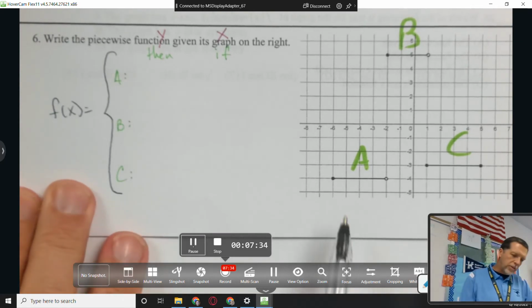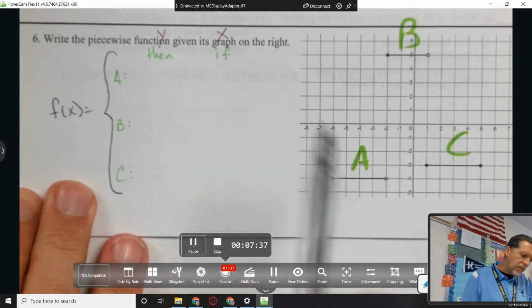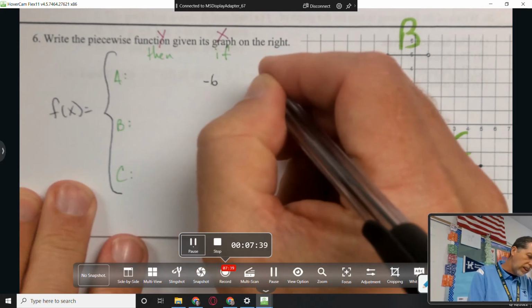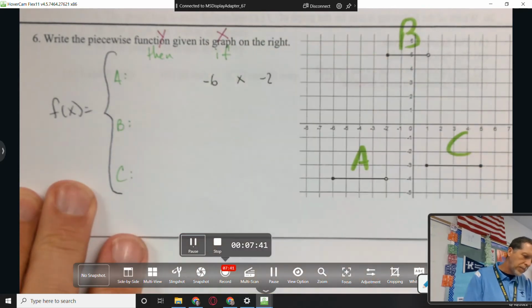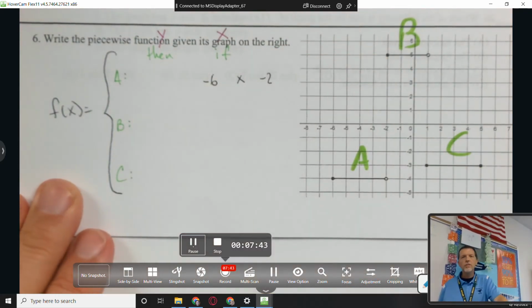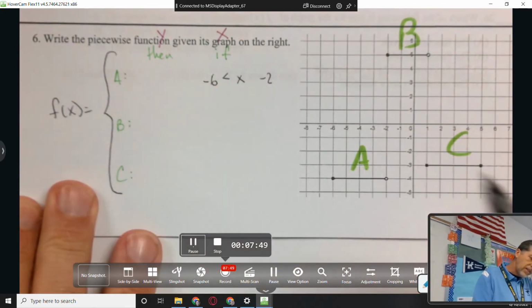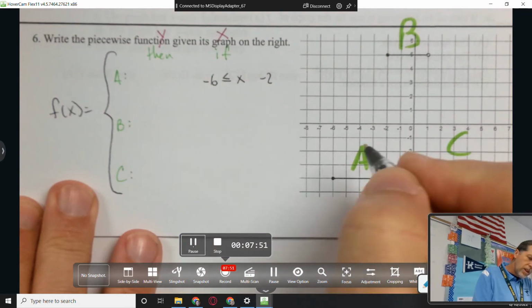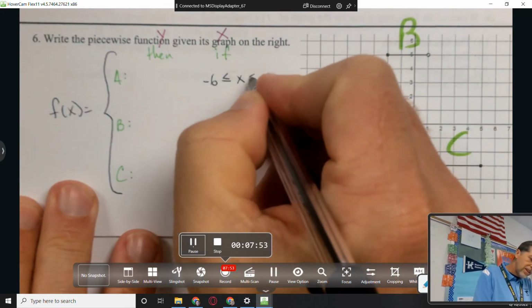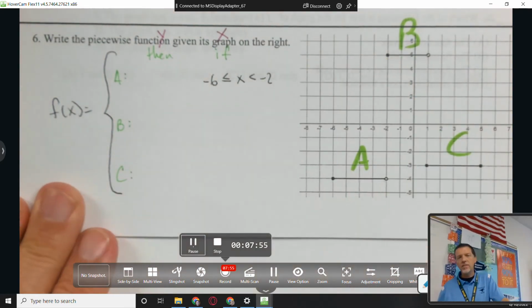So the x values go from -6 to -2. X is between -6 and -2. But x is bigger than or equal to -6, and x is less than, not equal to, -2.